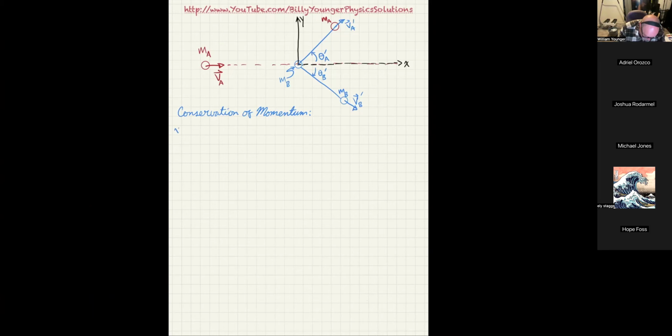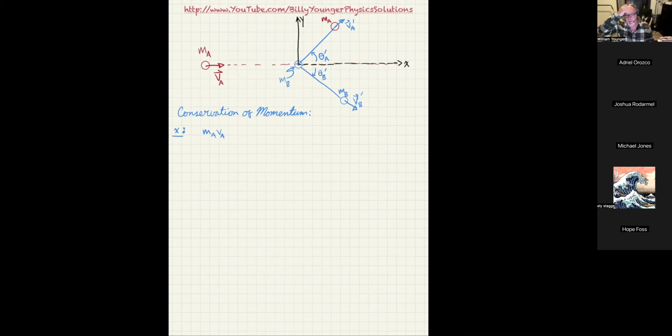First off, I'm going to take the momentum in the x direction. So I'll put a little x here. All the momentum initially is in the x direction, so I have MA VA.